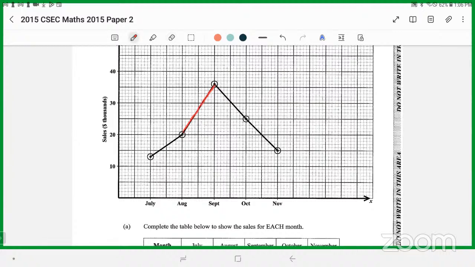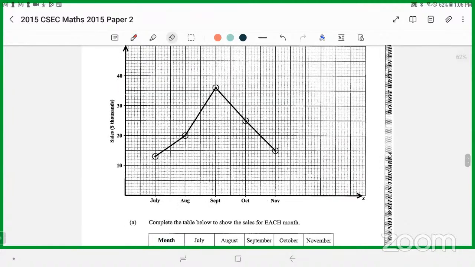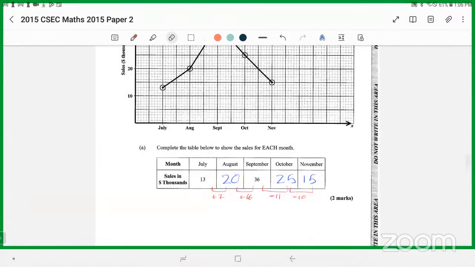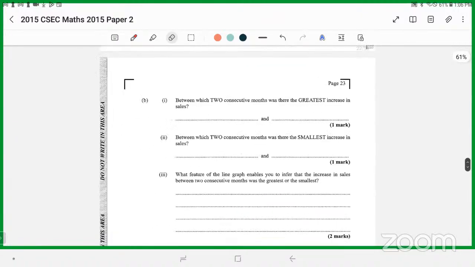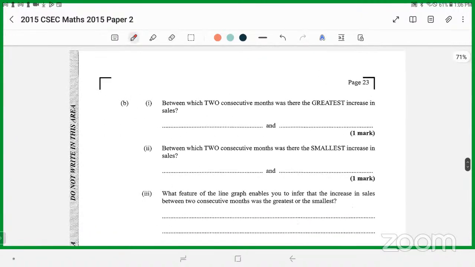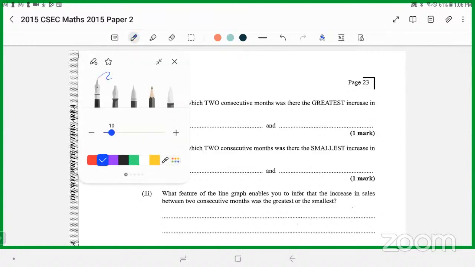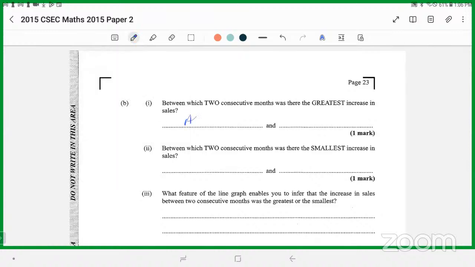So the one with the highest gradient and the longest line segment is the one with the greatest increase. You can get it from the graph or from the values in the table. So between August and September, that period.